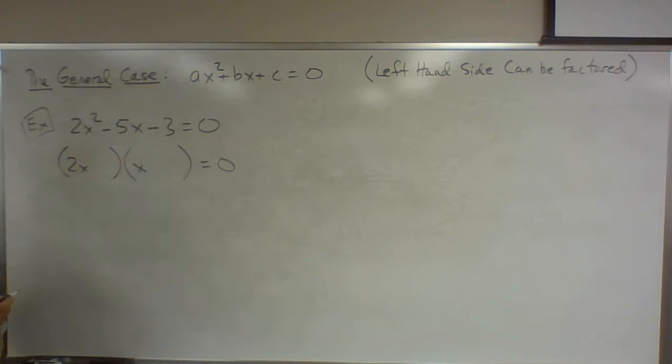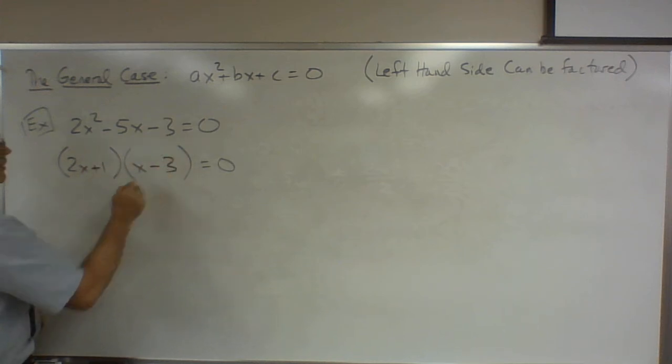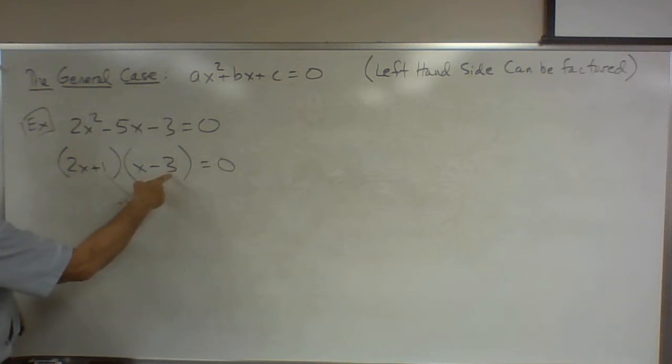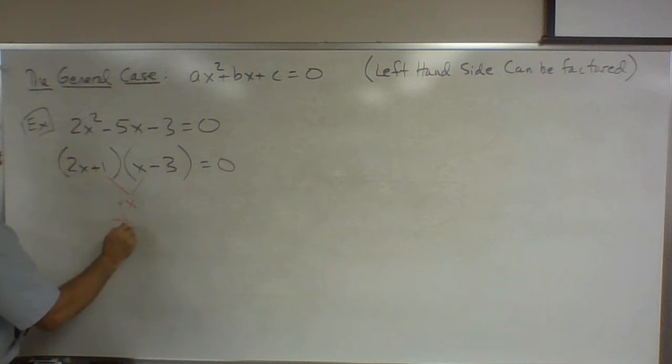I don't know how this is supposed to go. I'll try plus 1 and minus 3. Oh my goodness, I think I hit the jackpot on the first try. Let's see. If we multiply these two terms together, we get x plus x. If we multiply these two terms together, we get negative 6x.